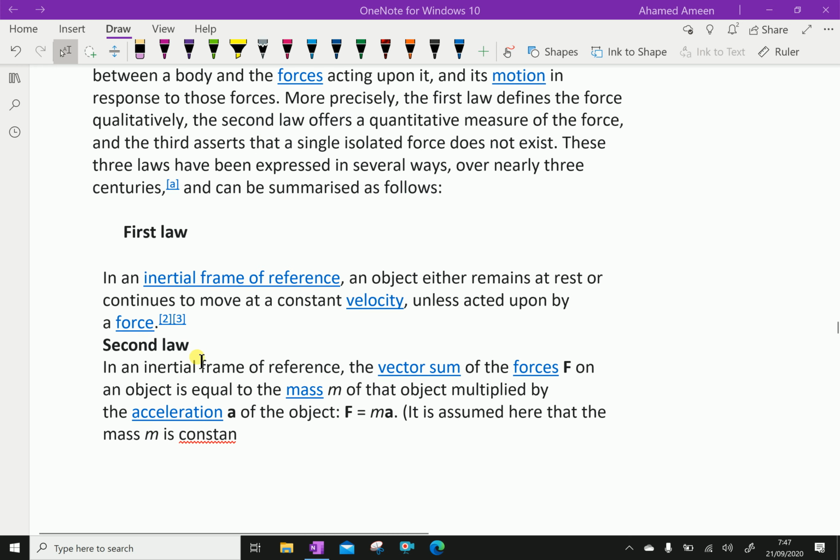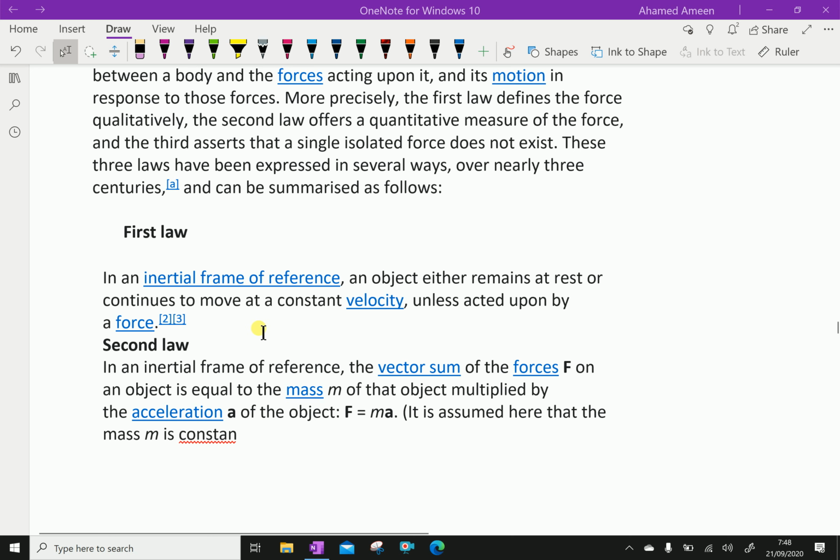Now, the first law. In an inertial frame of reference, an object either remains at rest or continues to move at a constant velocity unless acted upon by a force. That means, consider a box on the table.